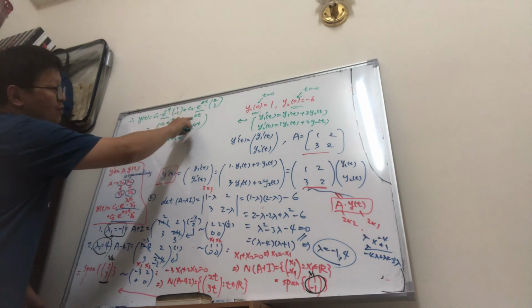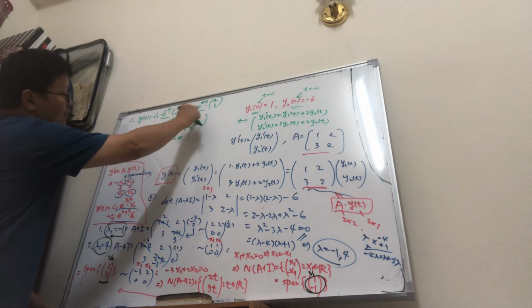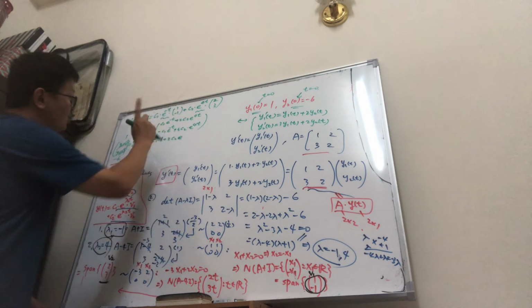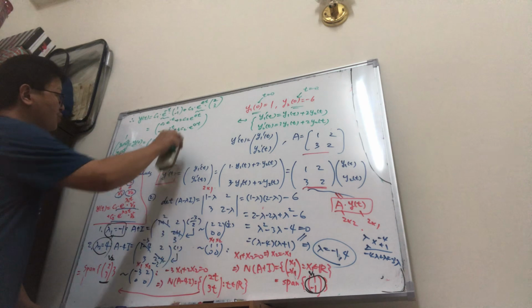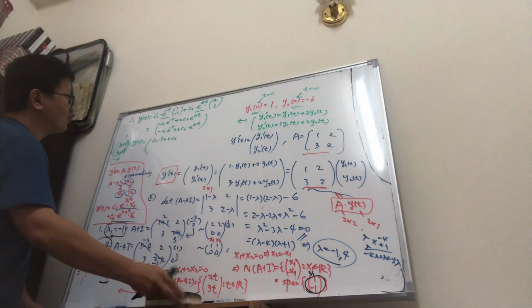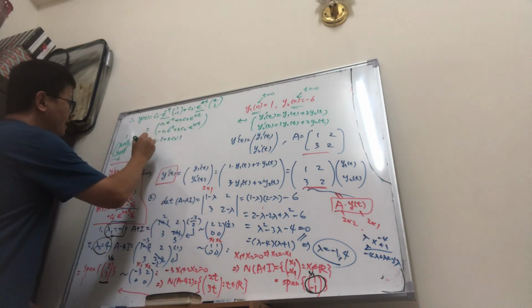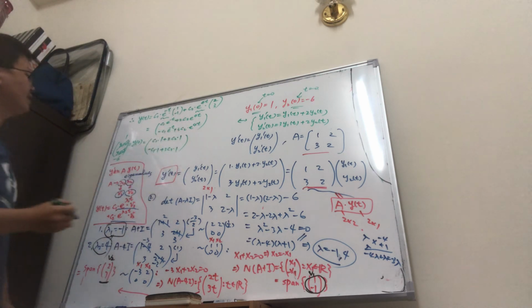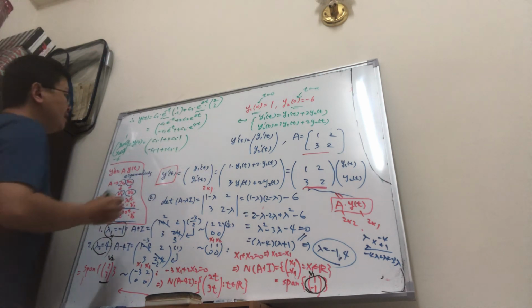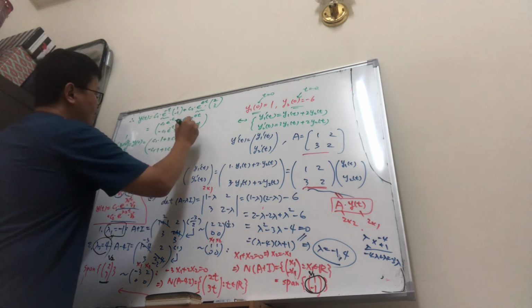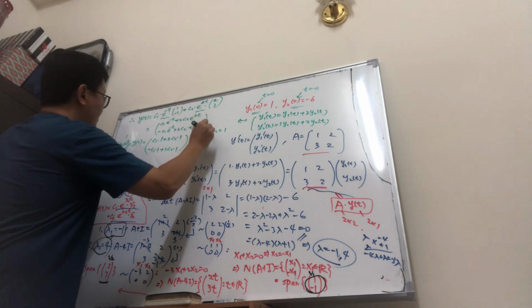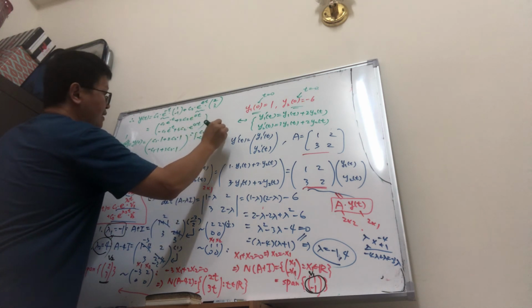Exponential 0 is always 1, and if you consider its reciprocal, it's also equal to 1. So here is negative c1 times 1 plus 3c2 times 1. So actually we have c1 plus 2c2 equals 1, and negative c1 plus 3c2 equals negative 6.